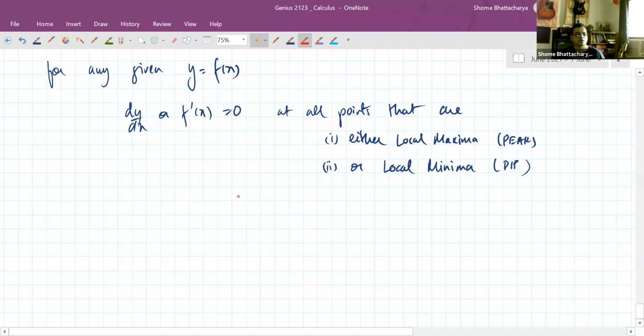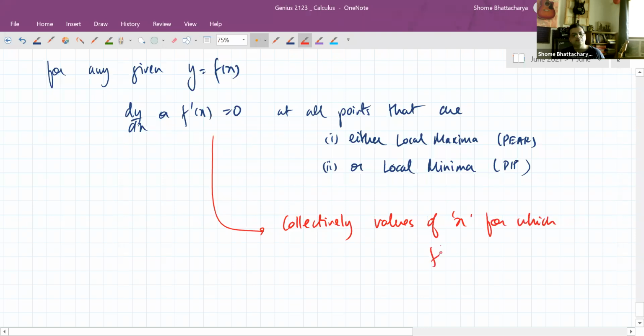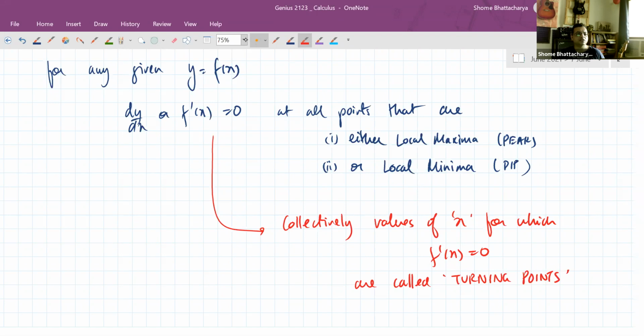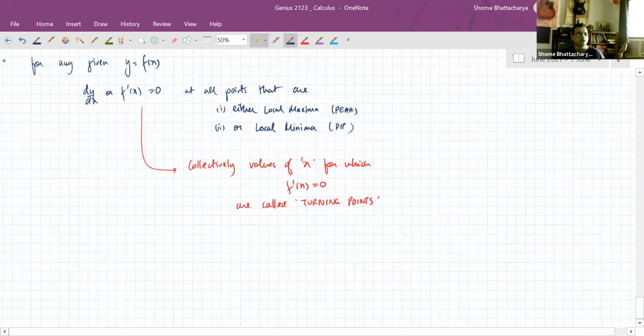So collectively, values of x for which f prime x is equal to 0 are called turning points. The logic of this name is that the behavior of the function is turning. It is changing from increasing to decreasing or decreasing to increasing.